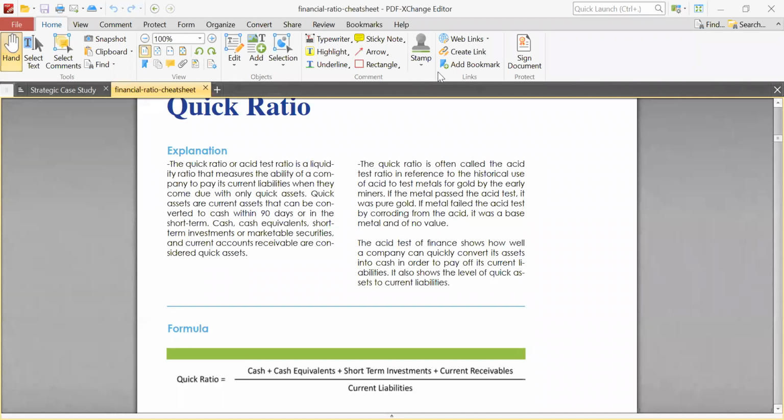That's why it's called the quick ratio, because it's looking at current assets that can be turned over quickly within a period of 90 days.